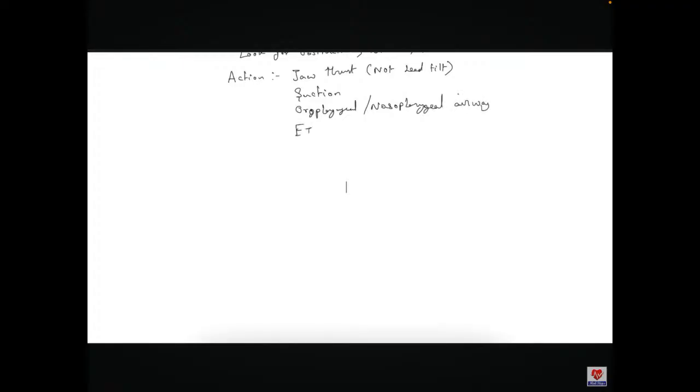Then the endotracheal tube, or actions based on conditions, I'm telling these things.